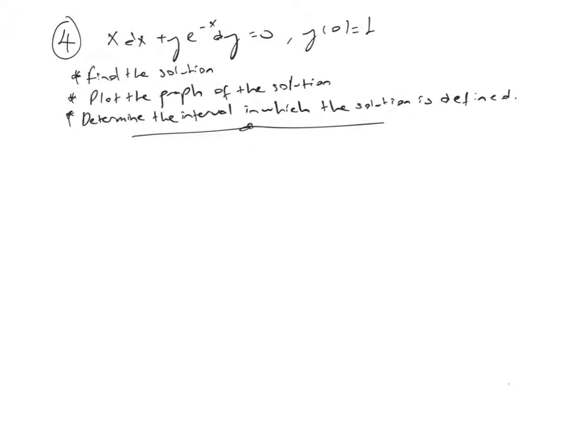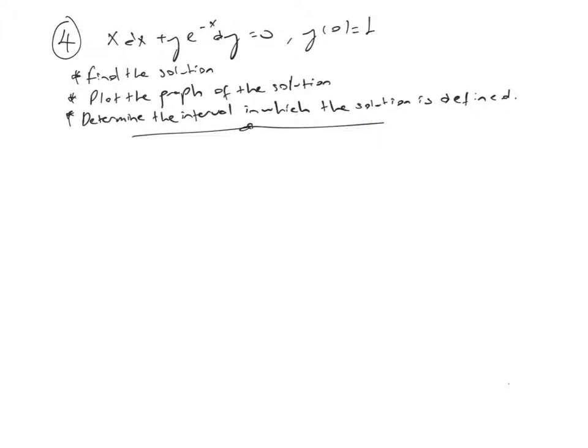In this question, our differential equation is given in this form with an initial condition. We are asked to find the solution, plot the graph of the solution, and determine the interval in which the solution is defined.